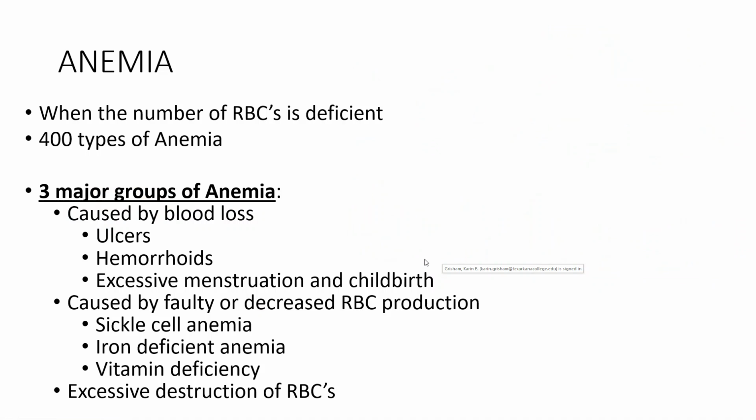Now, there's many different kinds of anemia, but for test purposes, we're going to go with the standard, which is that the number of red blood cells is deficient, which means your blood does not have enough red blood cells.